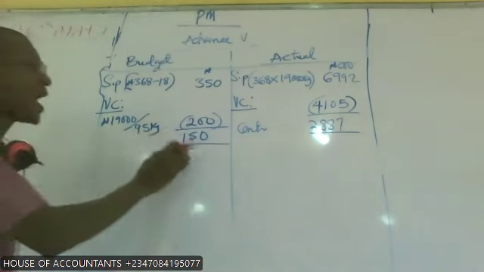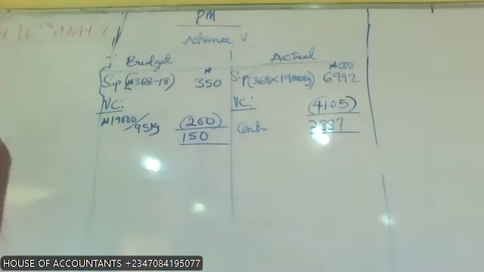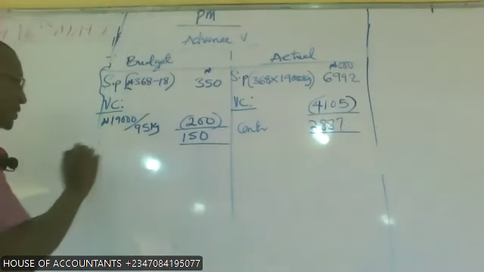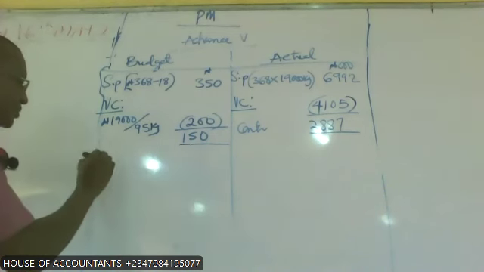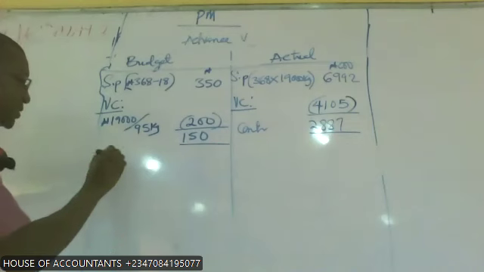But we need to know how many budgeted units they have at the beginning. Do you understand? So the total unit they produce is what? They produce 19,000 kg.